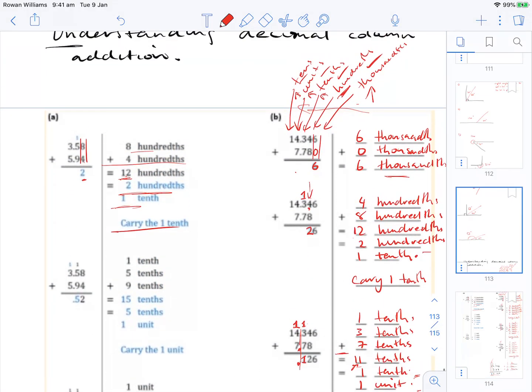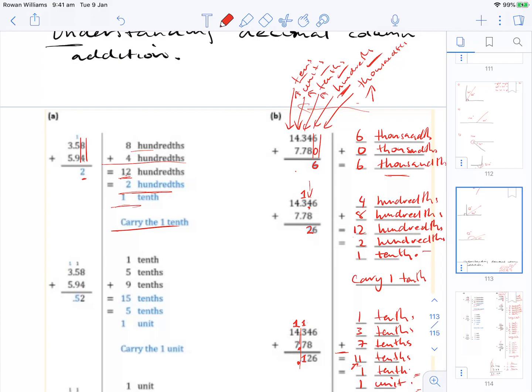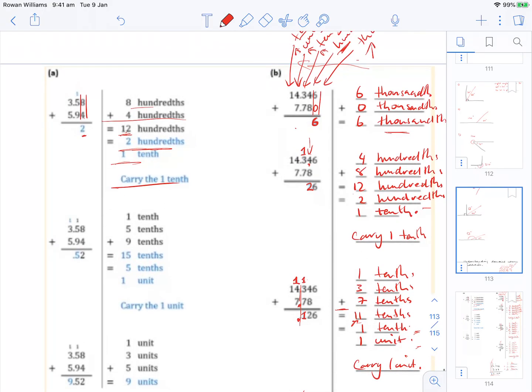Particularly important is that you show you know which column you're working in each time. Are you working in the thousands column? Are you working in the hundreds column? It's really to make sure that we understand why, when I add and I get 12 hundredths, I put that. What does it mean to have that little one up the top there? That means that I've got an extra tenth. All right, thanks guys.